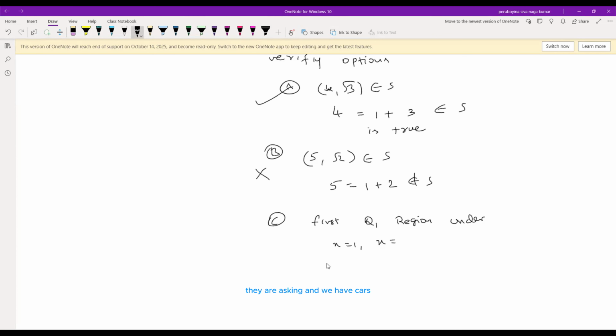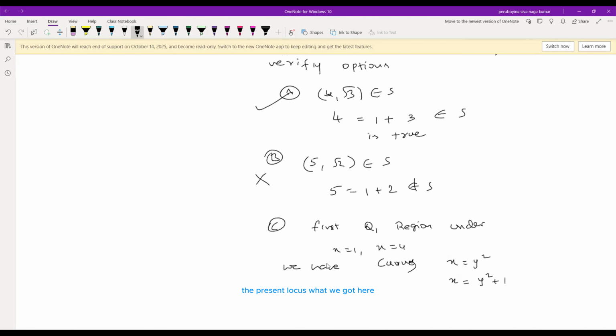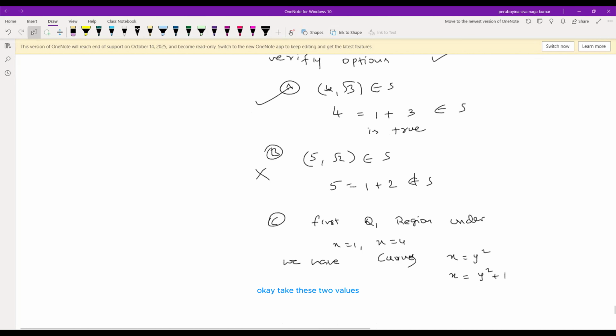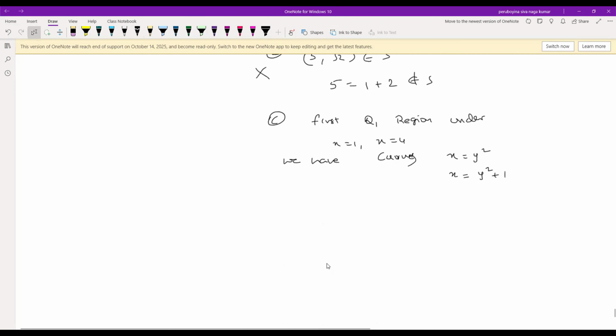And we have curves x is equal to y square and x is equal to y square plus 1, the present locus that we got here. Take these two values. Since the upper limit and lower limit are 1 to 4, you can write integral of root x minus root of x minus 1 dx.